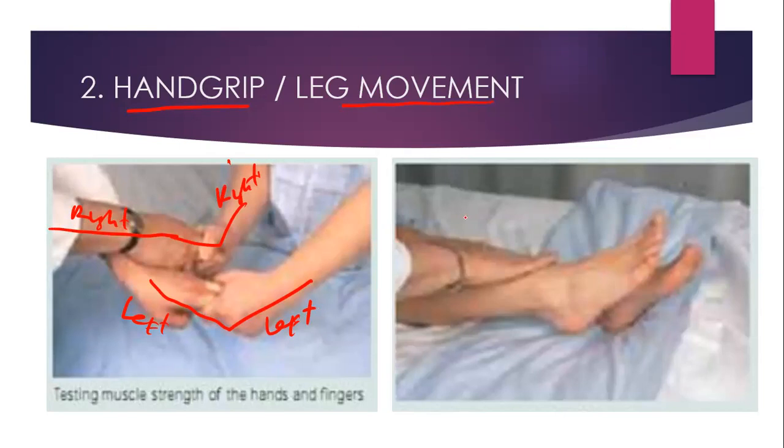This allows you to feel the patient's strength. For the leg, you put resistance and say, ma'am, can you raise your leg with resistance? Assess if strong, moderate, weak, or absent. And when pushing down, you can also put resistance. I will show you a video later.